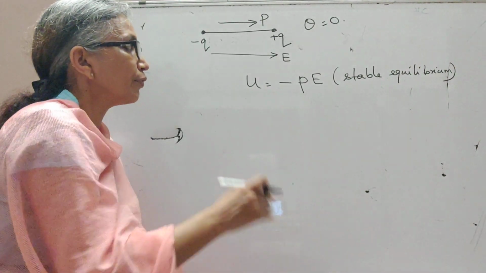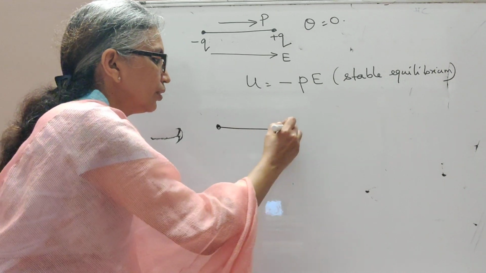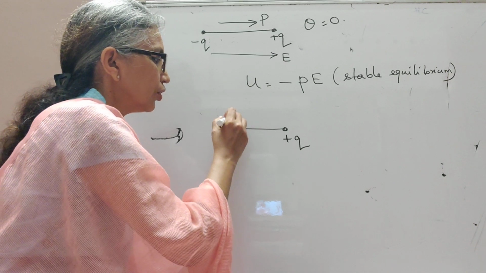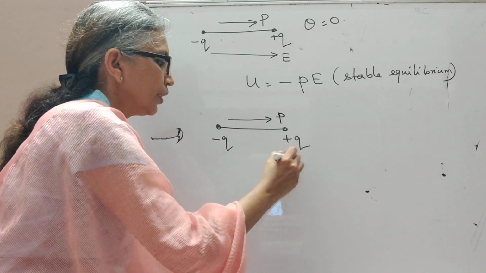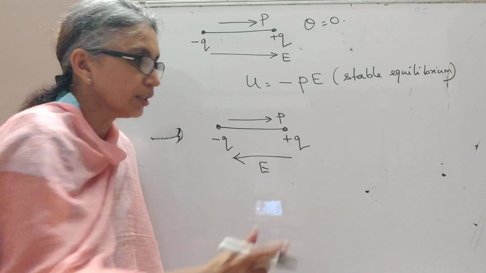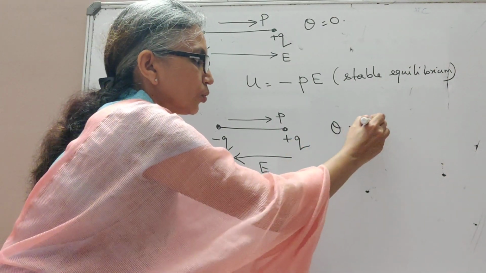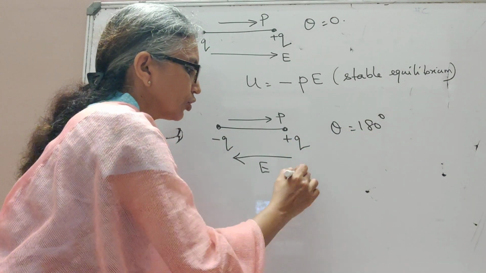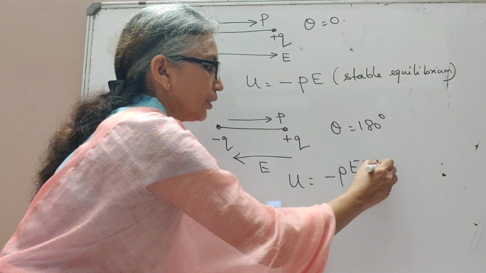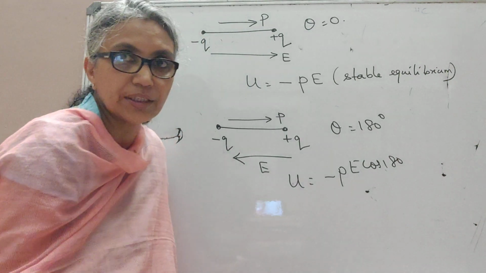Suppose you have your dipole in this way. You have minus q here, plus q here. Your dipole moment P is directed opposite to the electric field, anti-parallel. Then theta is 180 degree and potential energy in this case will be minus PE cos 180. Cos 180 is minus 1.